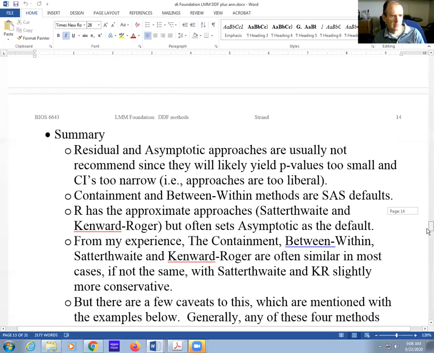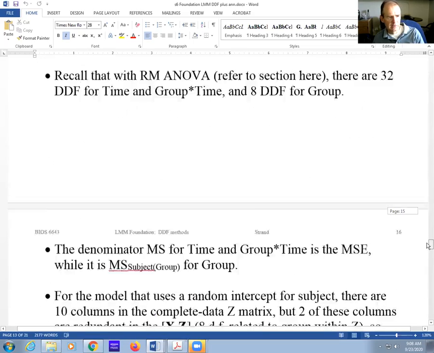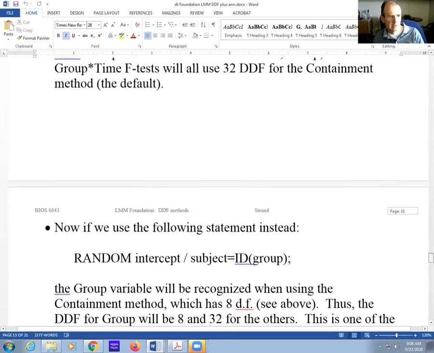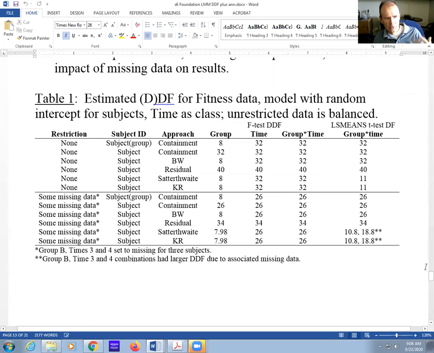Then we looked at the fitness data that we talked about previously, and I go through these methods and show what the degrees of freedom would be for each. I just want to mention a few things. You can go through these slides yourself.